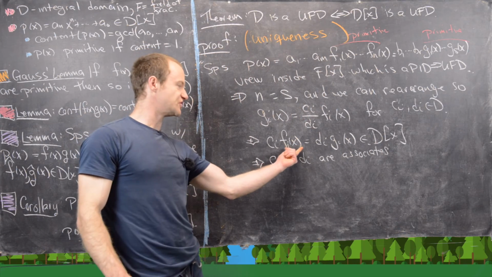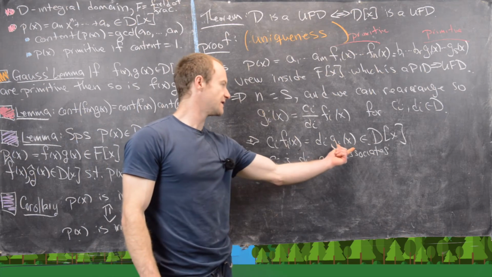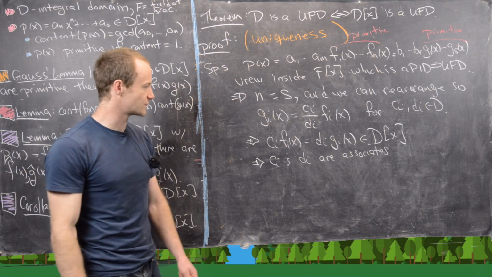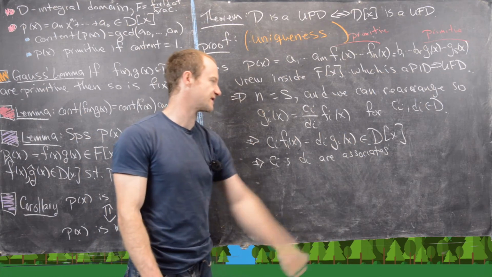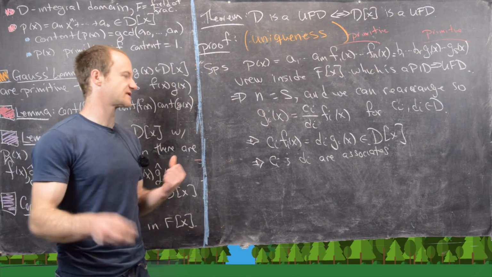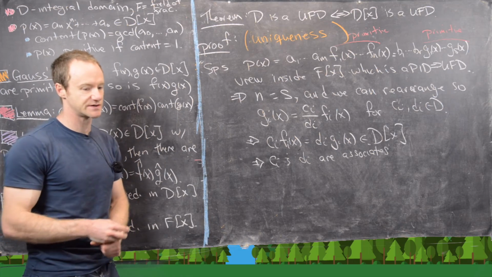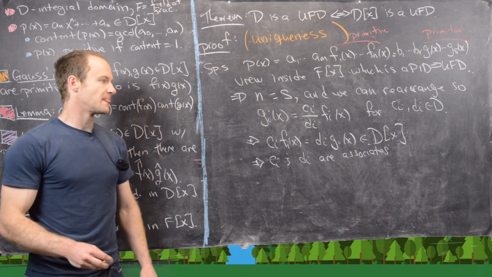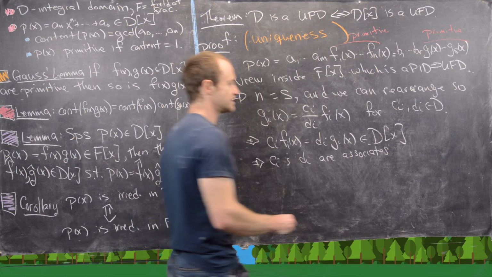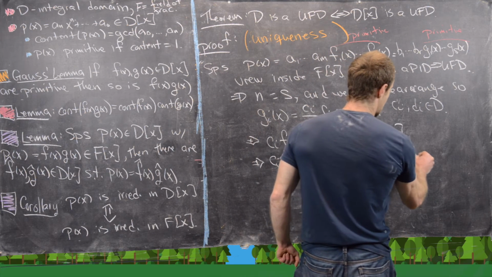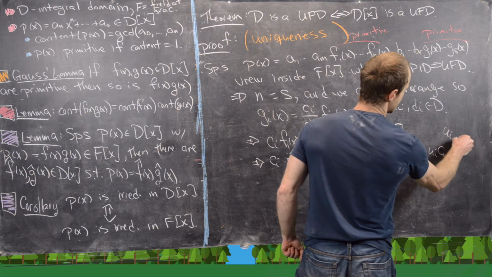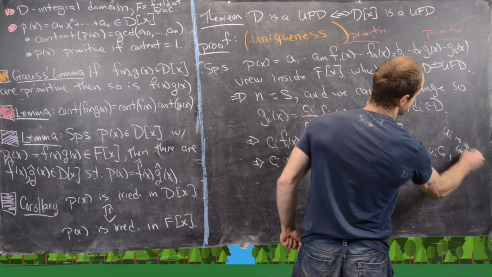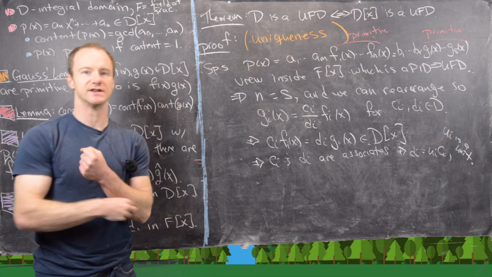Because we know that the GCD of the coefficients here is 1, and the GCD of the coefficients here is 1, which tells us the content of this side is c_i and the content of this side is d_i, that means c_i and d_i have to be associates. In other words, they differ by a unit, so we can write d_i equals u_i times c_i, where u_i is a unit. So that's the definition of being associates.